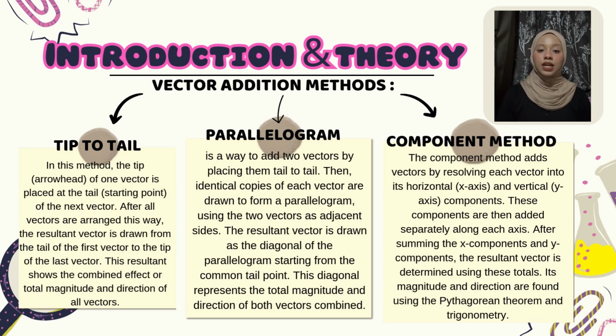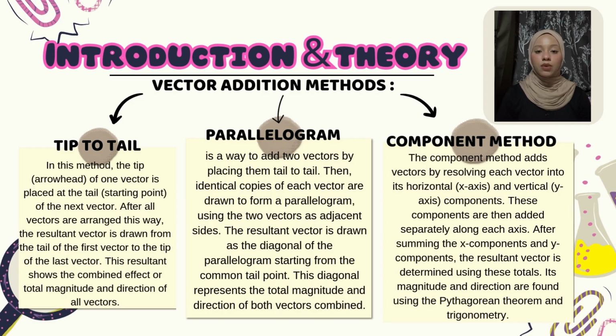After all vectors are arranged this way, the resultant vector is drawn from the tail of the first vector to the tip of the last vector. This resultant shows the combined effect or total magnitude and direction of all vectors.